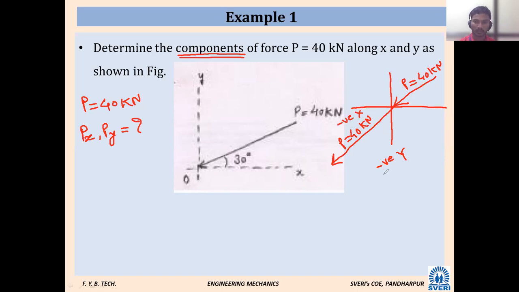So finally it is going in this direction, and we have to remember that. So both components will be negative.